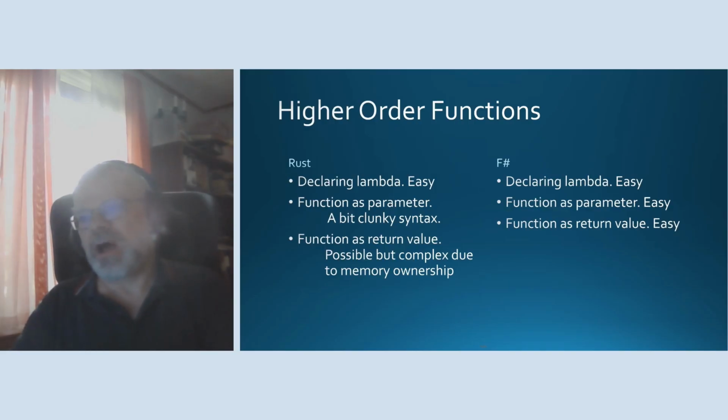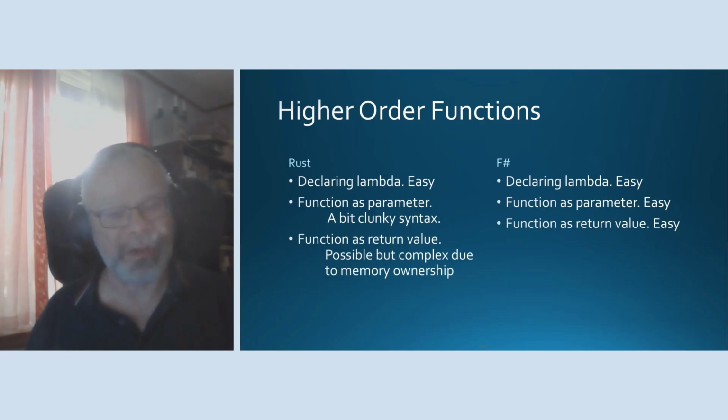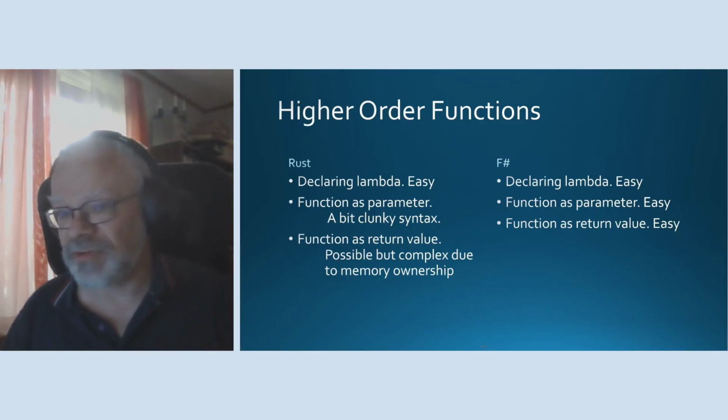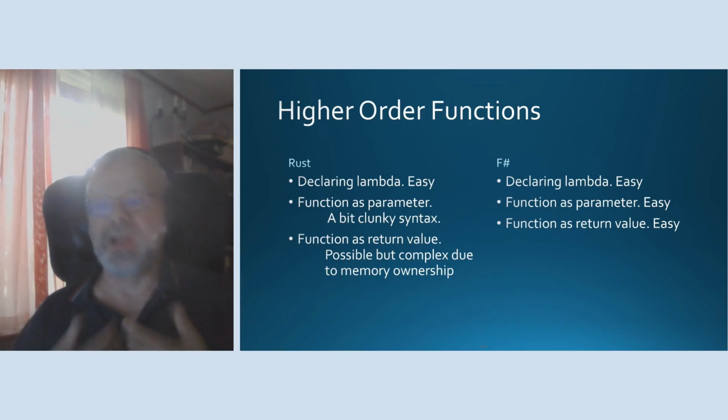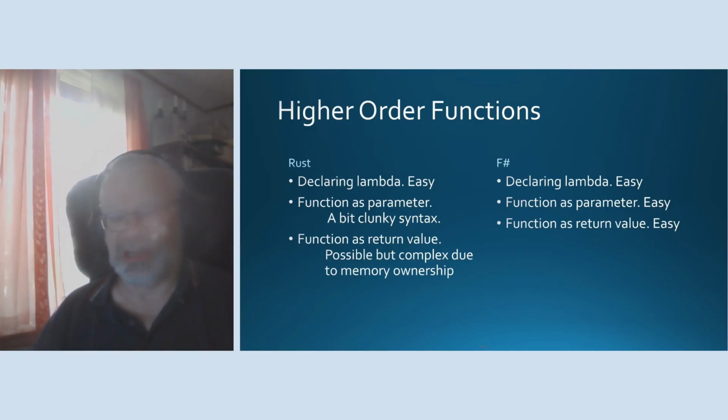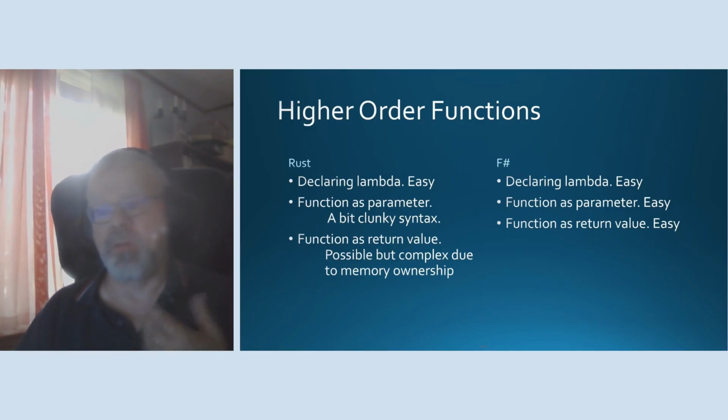Another thing is higher order functions. A higher order function is a function that takes another function as a parameter or returns a function as the result, or both. In Rust, we can declare lambdas. That's really easy. We can have a function that has a parameter as function.